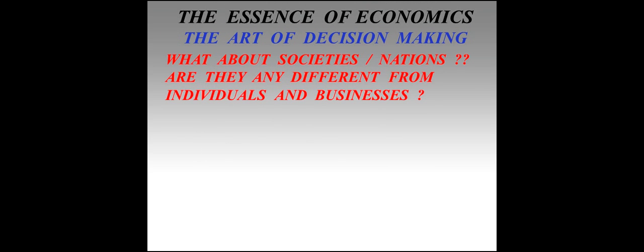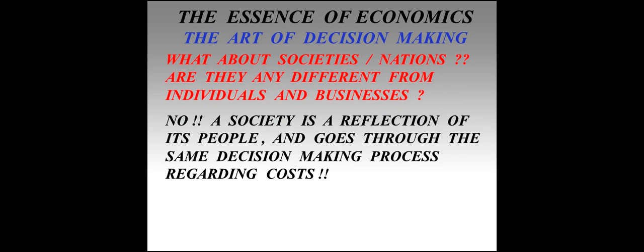The measurements we have looked at with regard to productivity and efficiency work for societies as well. They're really no different, societies that is, than individuals and businesses. And the reason for that is a society is a reflection of its people and its businesses and goes through very similar or the same decision-making processes regarding costs.